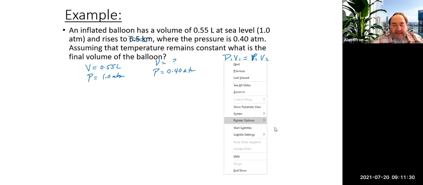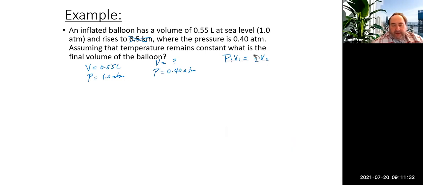And again, we could do the numbering like we talked about: the first ones in the problem are labeled 1, the second ones are labeled 2. In this case, we're solving for V2. And a reminder, an easy way to rearrange these gas laws is not too hard. We're going to take our P2 to the other side.